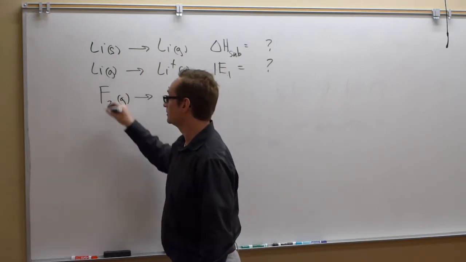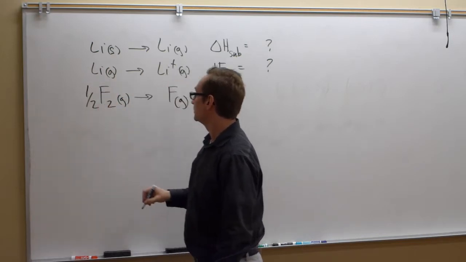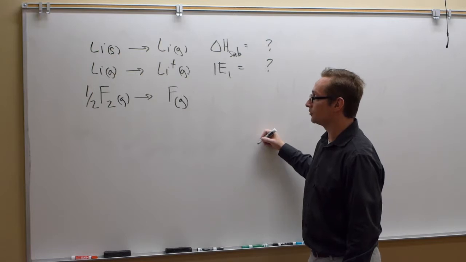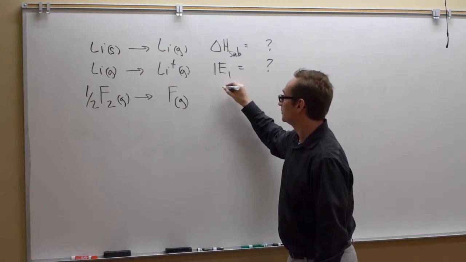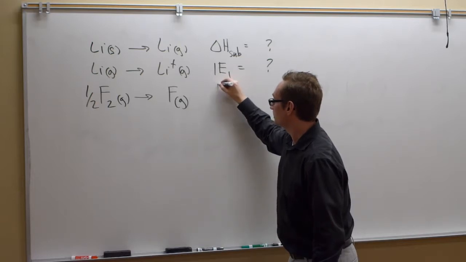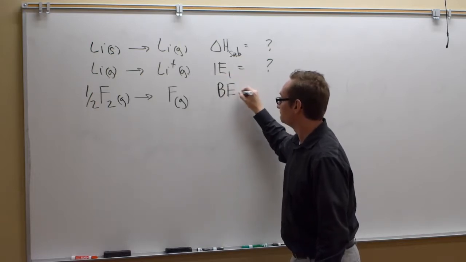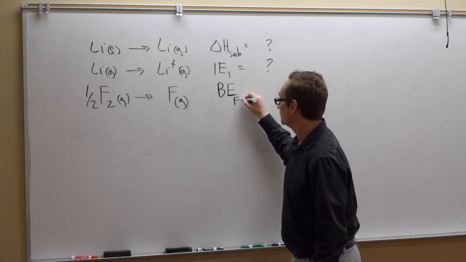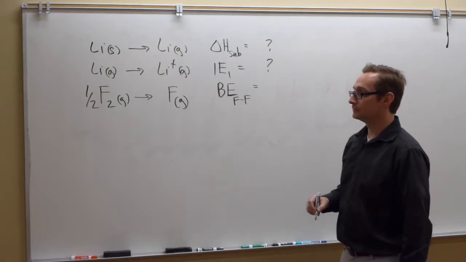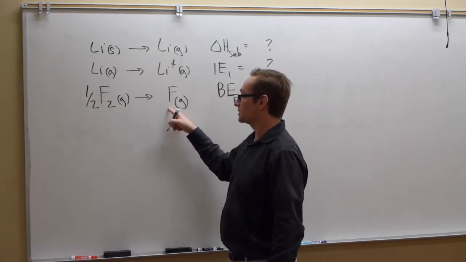Okay, and to make 1 mole of fluorine atoms, we've got to have a, this is actually called the bond energy. All right, and then what has to happen to the fluorine?